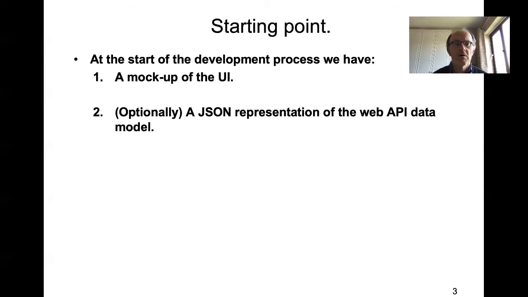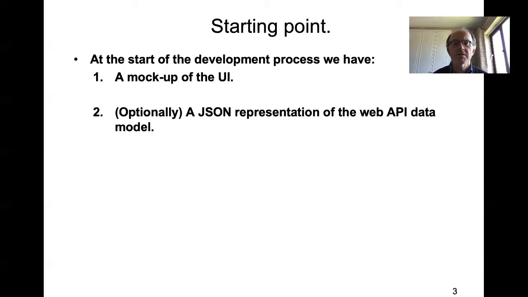You may also have an understanding of the nature of the data that the React app is going to be using, in terms of a web API. You may or may not have that. In the case of the Movie app, we do, because the TMDB API is fully developed for us.